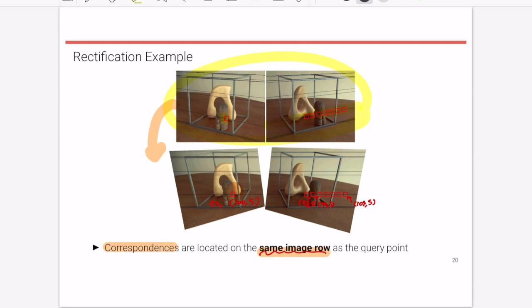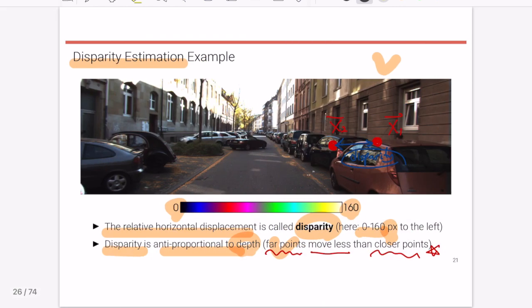But when you rectify the original images to such rectified images, the epipolar lines are parallel to each other and horizontal. Horizontally parallel to each other, right?